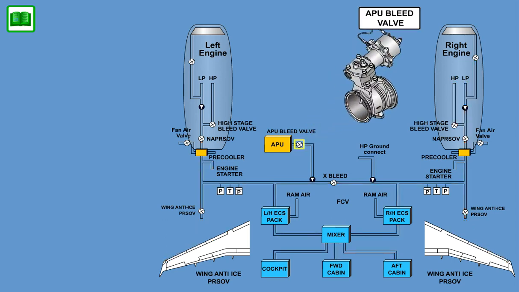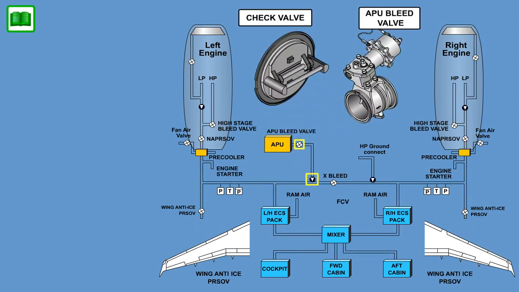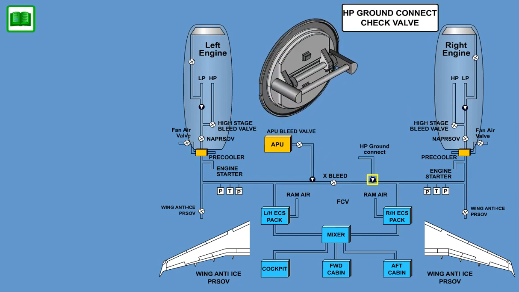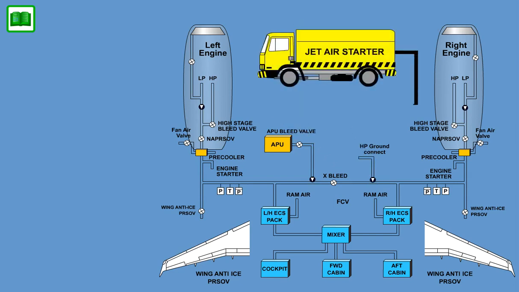An APU bleed valve and an APU check valve allow APU bleed supply to enter the bleed manifold, which is shut off and closed by engine bleed pressure when the APU is not running. A high-pressure ground connect check valve allows high-pressure ground cart supply to enter the bleed manifold, and is closed by engine bleed pressure when a ground cart is not in use.